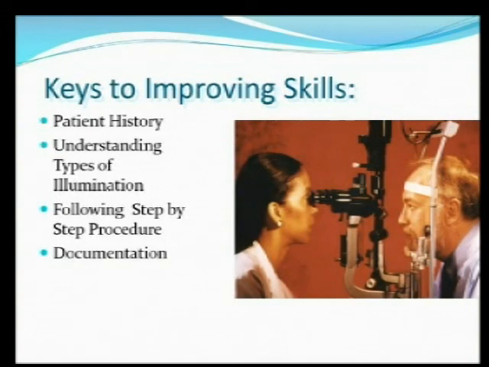The other area that you need to understand is what can be created with the slit lamp, the different types of illumination. I mentioned a couple different types earlier. We're going to go through all the different types of illumination, but the slit lamp and all its illuminations are kind of like a toolbox.